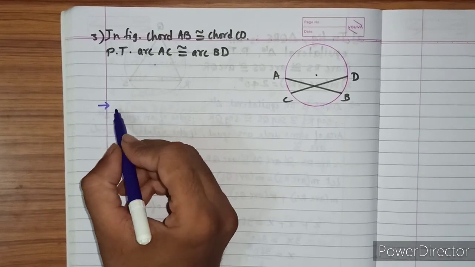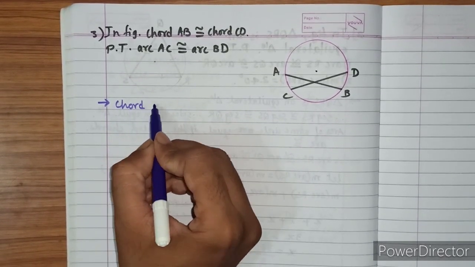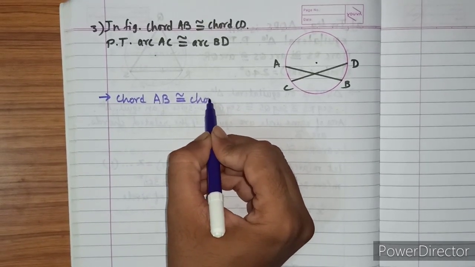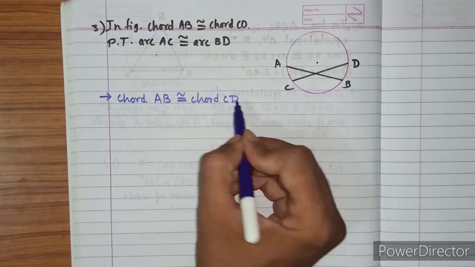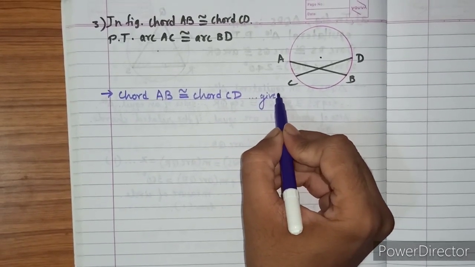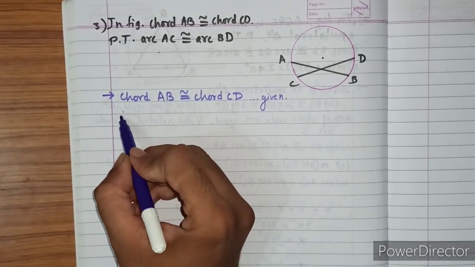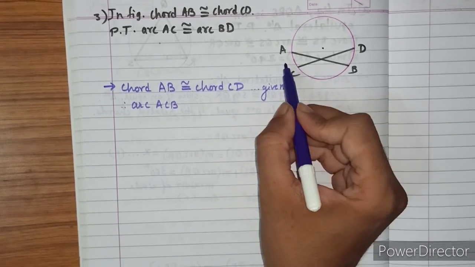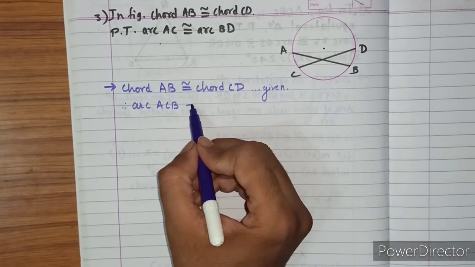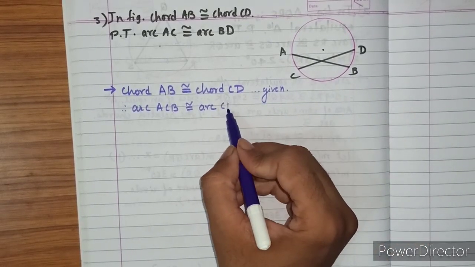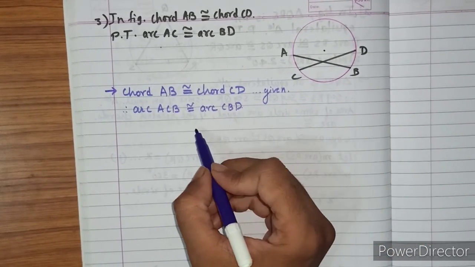First thing is chord AB is congruent to chord CD. This is given, right? Then arc ACB is congruent to arc, which arc? CBD. Why?